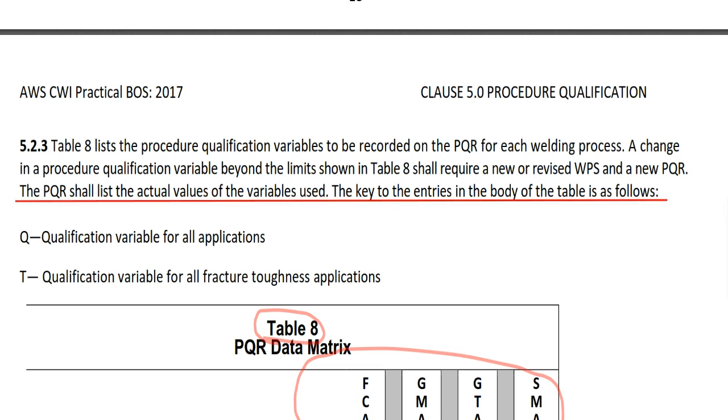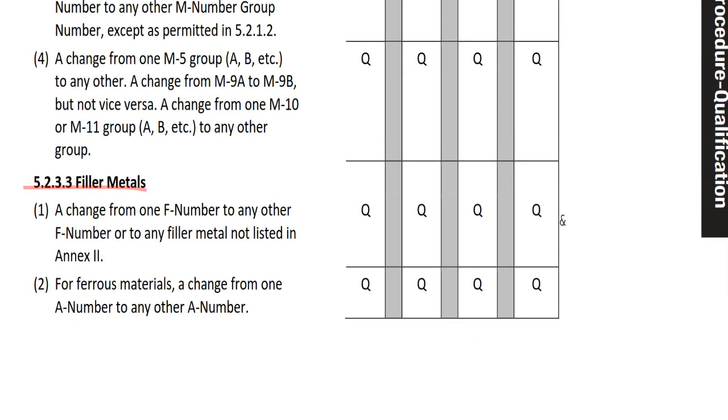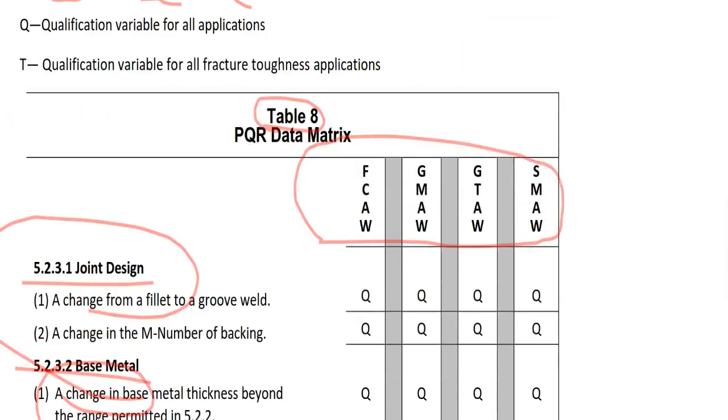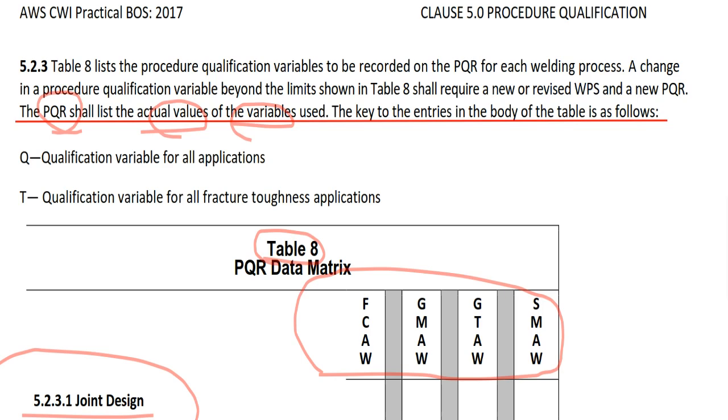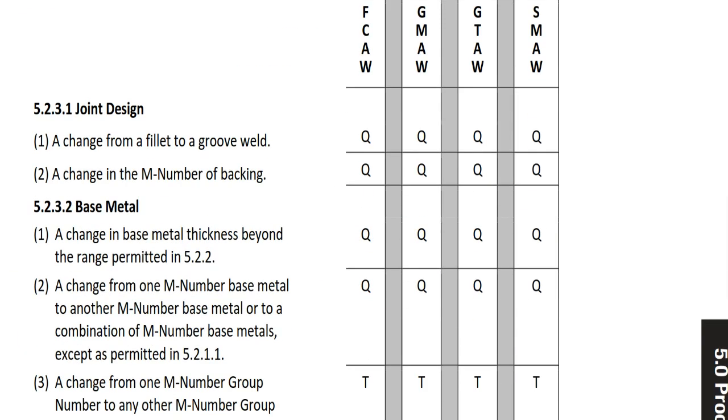The PQR shall list the actual values of the variables used. The key to the entries in the body of the table is as follows. So the PQR, procedure qualification record, shall list the actual values of the variables, like base metal variables and filler metal variables. For Table 8, you can just see and read what is listed here.